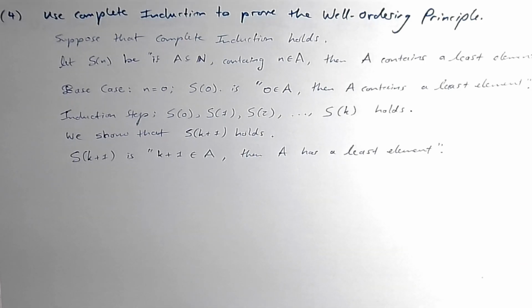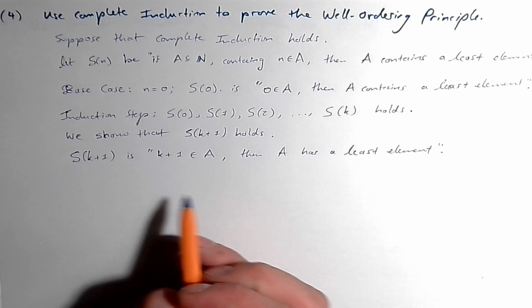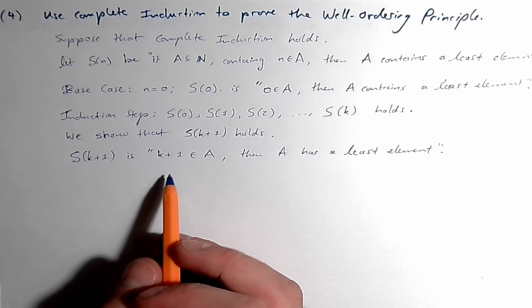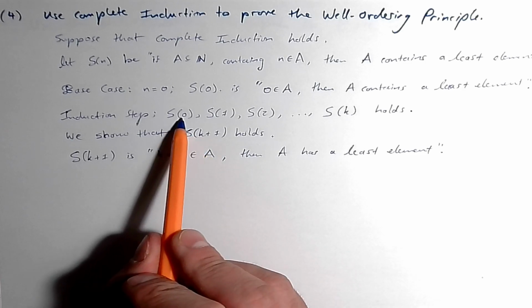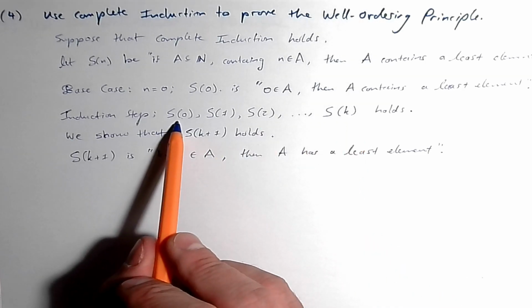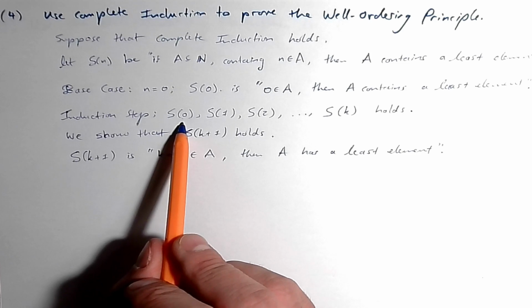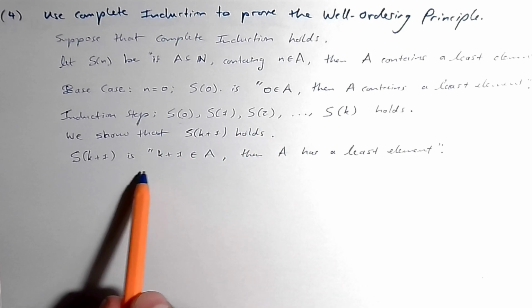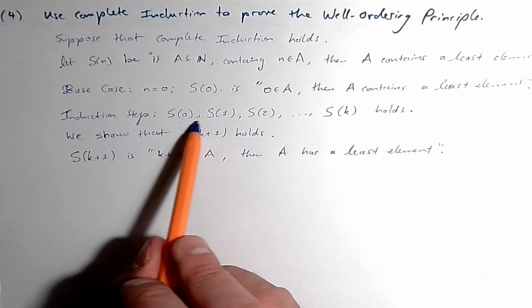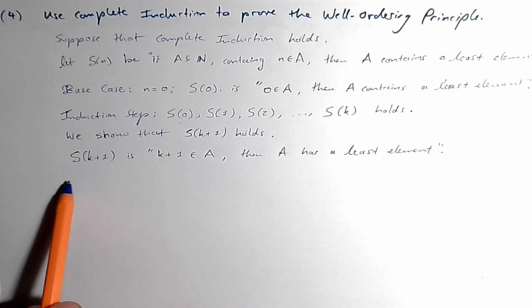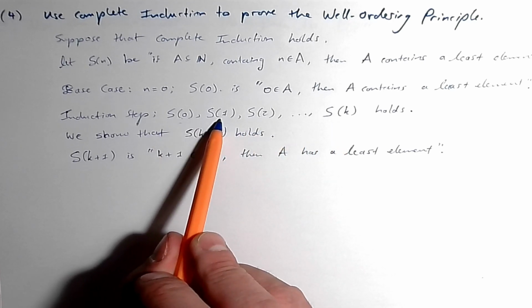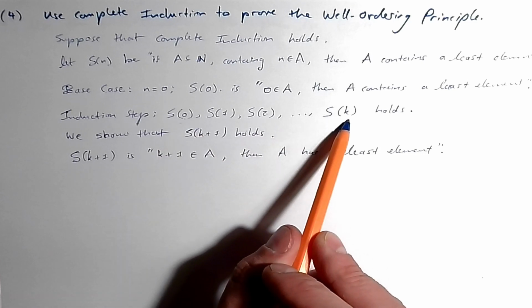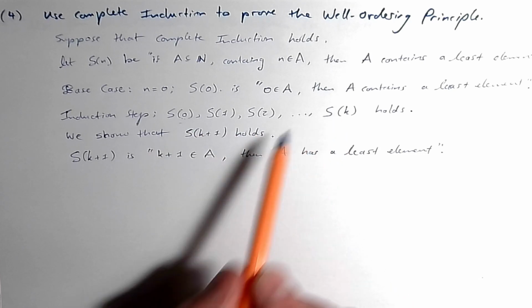Okay. So we have two cases to consider. If A contains any number that is less than k plus 1, then we can see from our induction hypothesis that this statement is true, because that m would then be less or equal to any of the indices in this statement list over here.